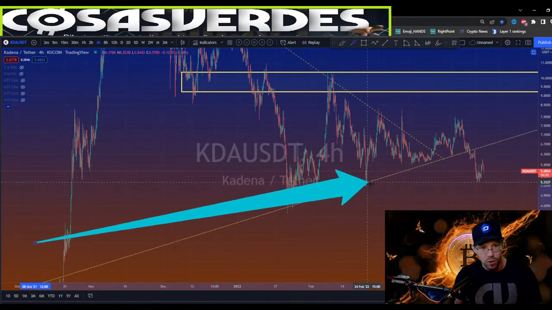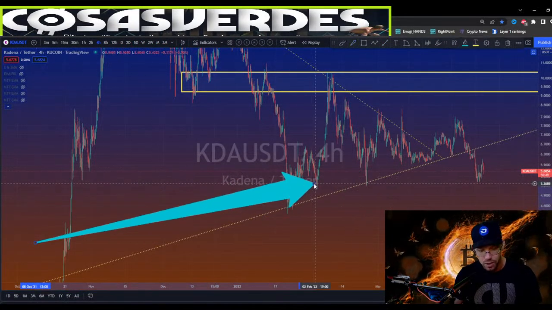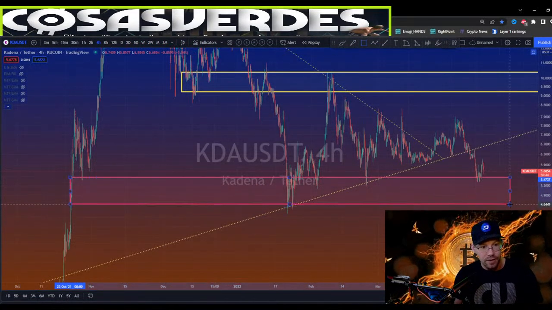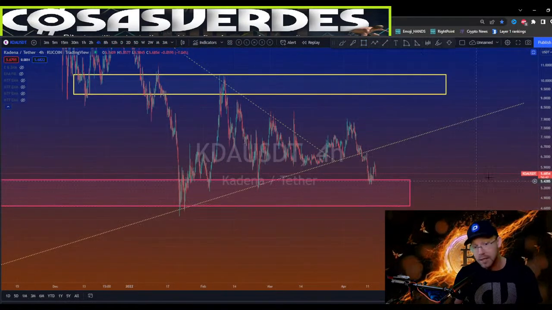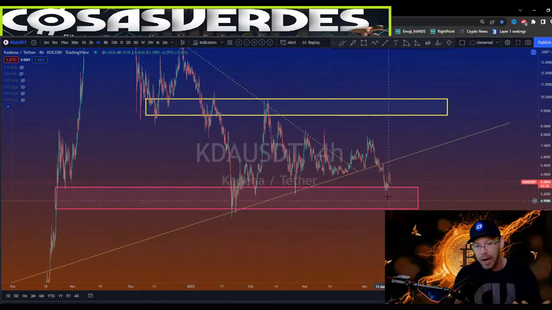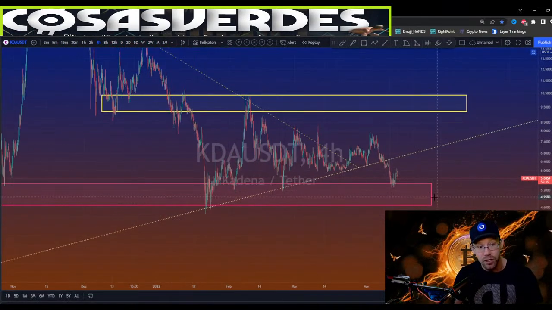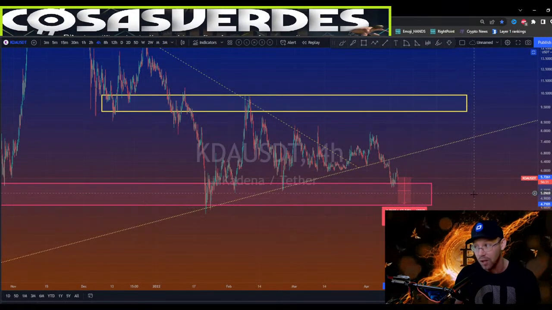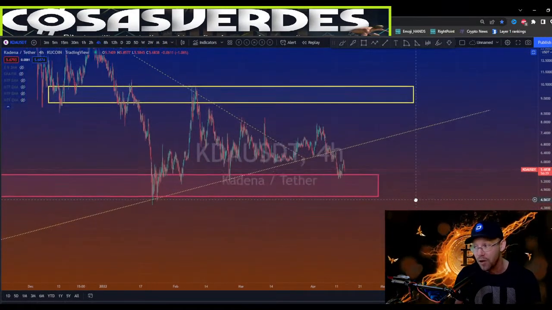You have support, so looking for a horizontal. I would draw a box somewhere here, connecting these areas, and it's technically at the top of it. So it is finding some area here, and however, it still could want to test the bottom of this box, which is an entire 17% lower, with pressure down on Bitcoin.